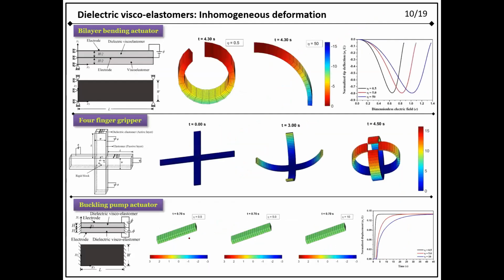Okay, so next these are some of the responses. Here you can observe this time dependent material behavior. So this is showing the creep phenomena of the buckling pump actuator. Here you can see the actuator with the lower eta parameter, or lower viscosity, will settle to the equilibrium position suddenly. However, with a higher one it will take time to reach the same level of deformation.